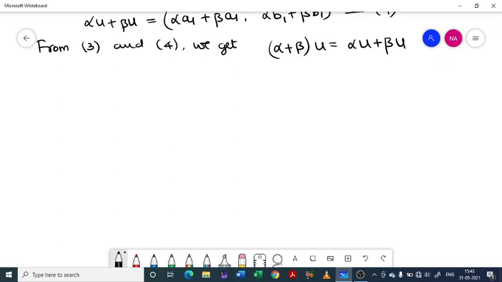Now, scalar addition is distributive over vector multiplication. Problem G is over.